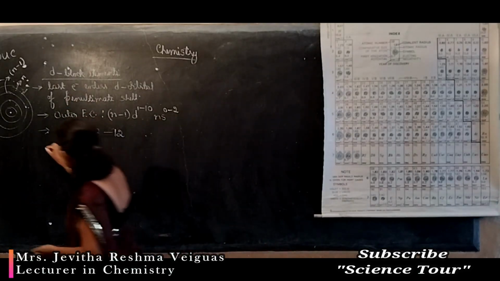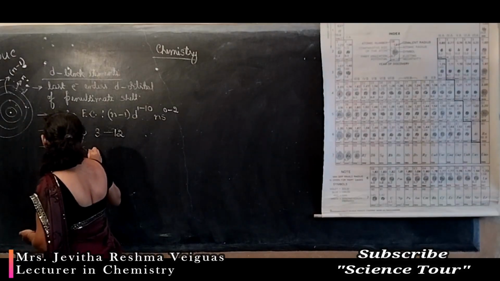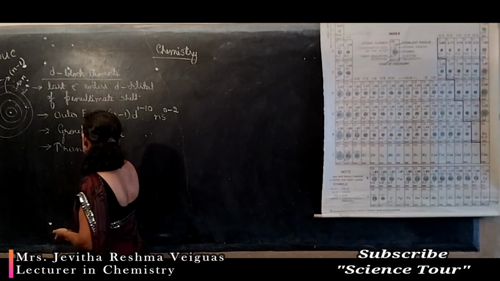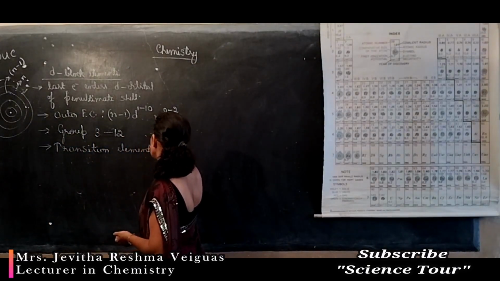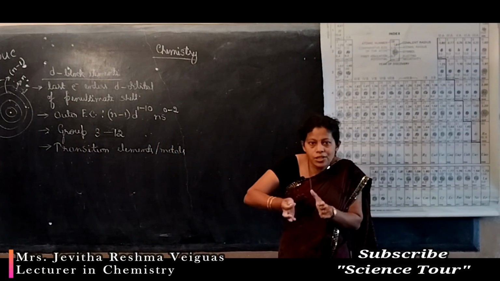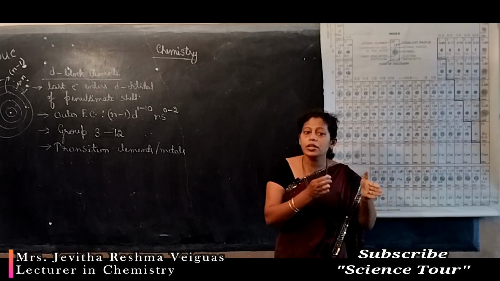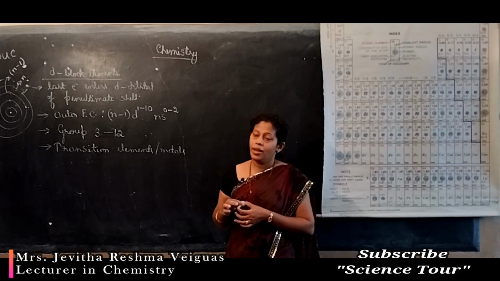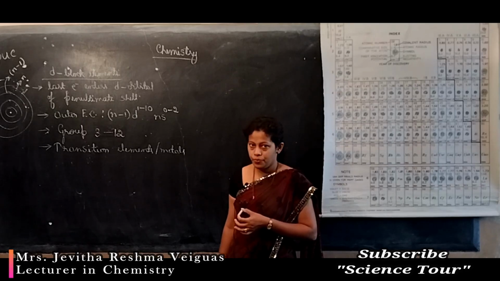Hence, these elements are called transition elements, or also known as transition metals. Why? Because there is a transition, a gradual change, from the characteristics of S block to the characteristics of P block. Hence, groups 3 to 12 elements are called transition elements.